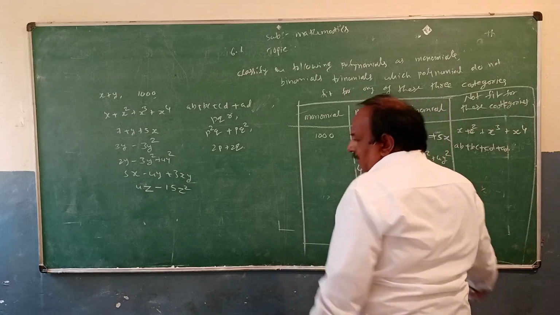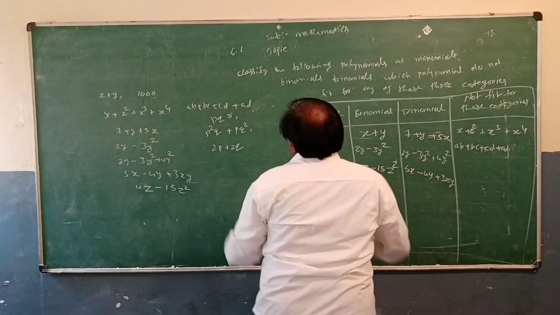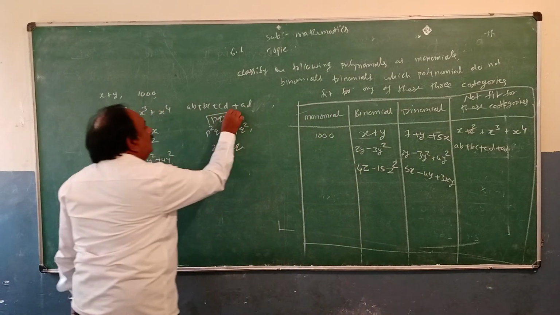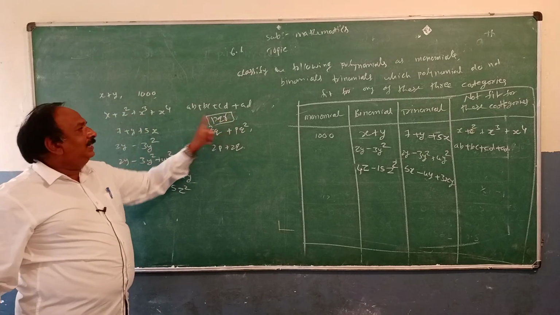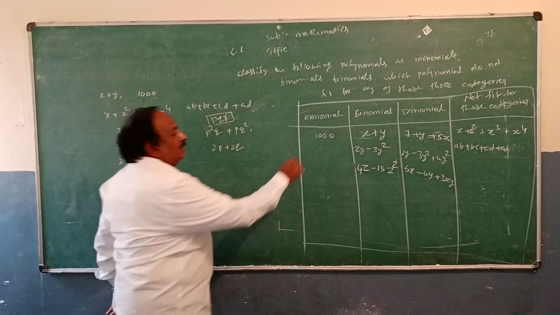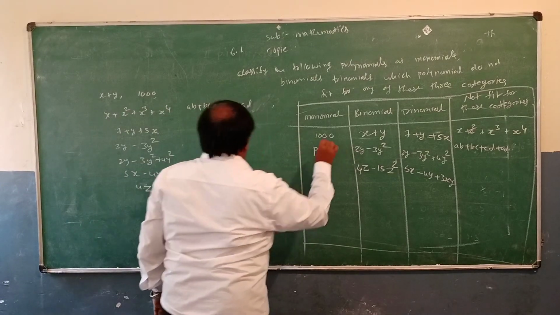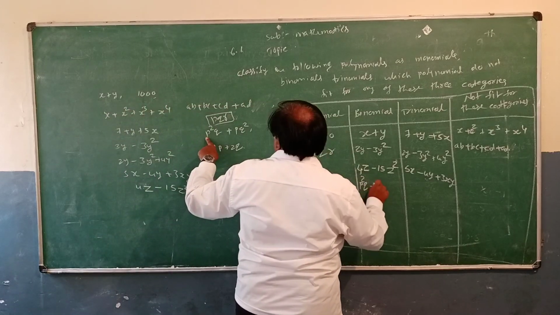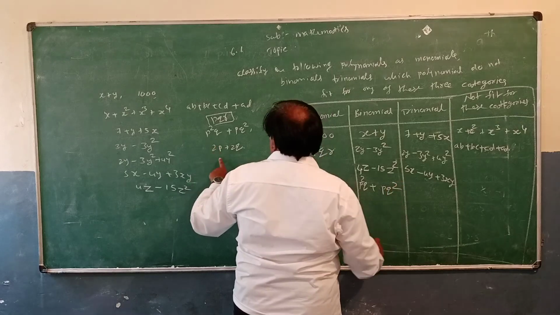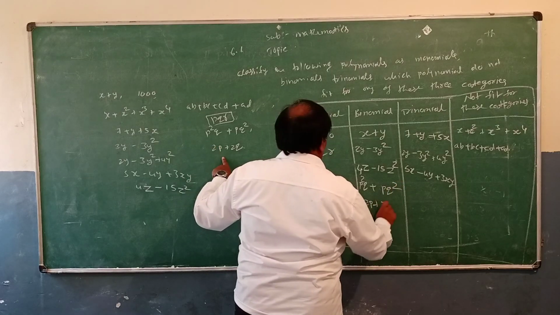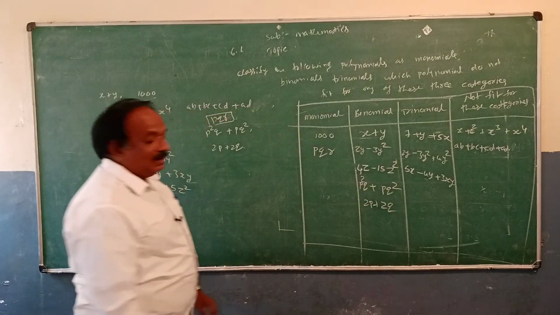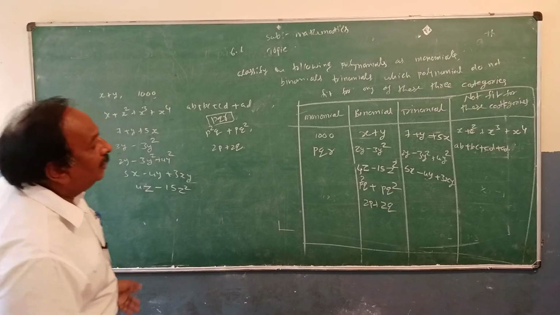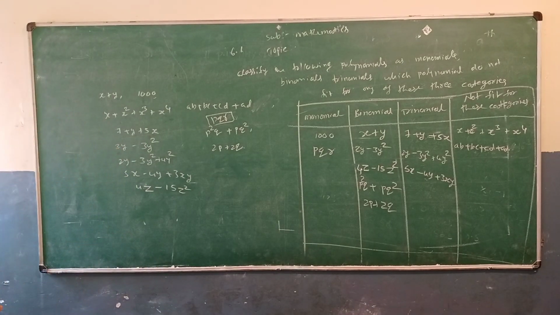So, next one is PQR. Listen here. This PQR can be written as P into Q into R. It comes under monomial. Next, binomial: P square Q plus PQ square. 2P plus 2Q. So, this is the classification of monomial, binomial and trinomial.